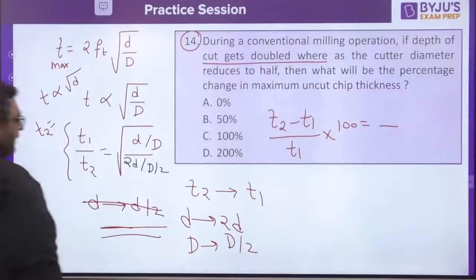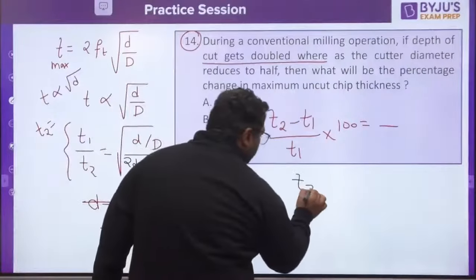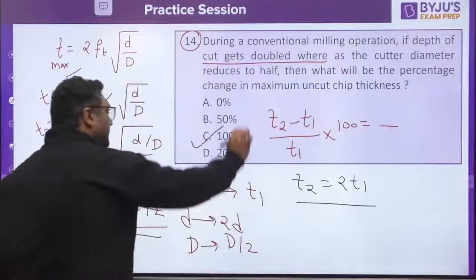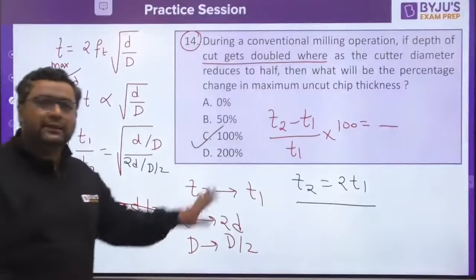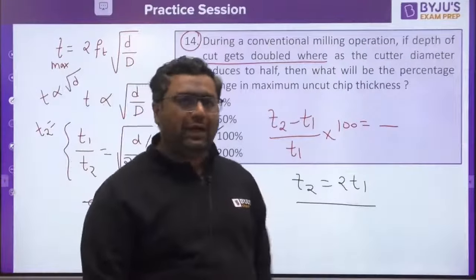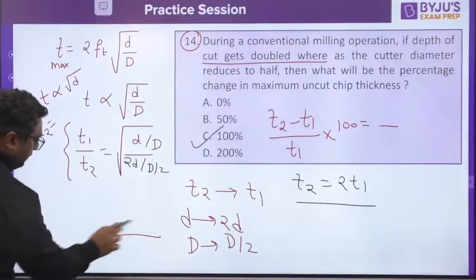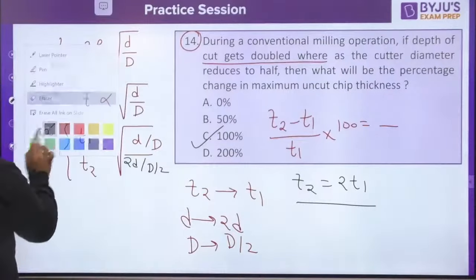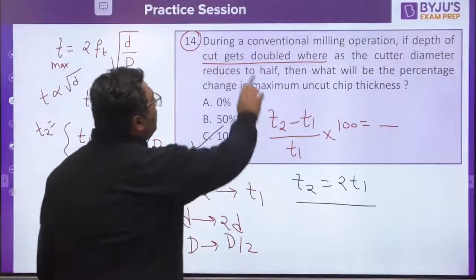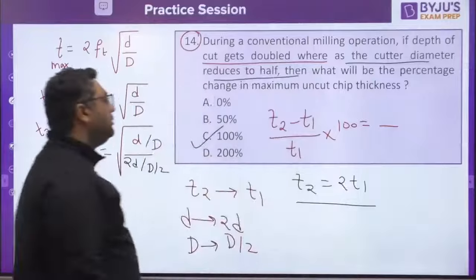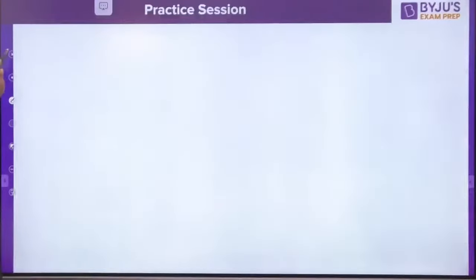So you would be getting T2 as 2 times T1 and putting this you would get the answer as C. Is it clear now? I had not seen the complete question, that's why, but now it is fine. You need to take both effects because it is mentioned that small d is doubled whereas cutter diameter reduces to half. So you need to consider both of them.